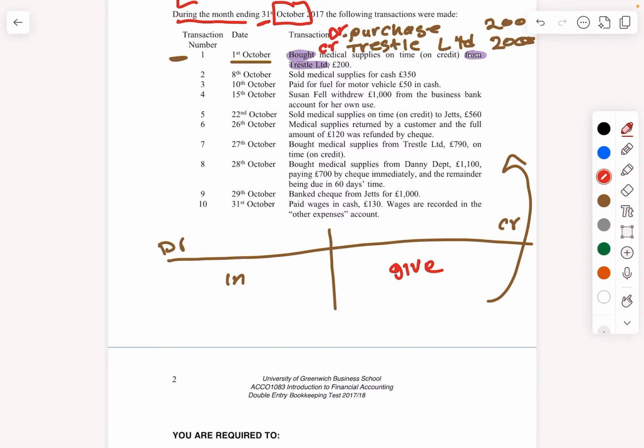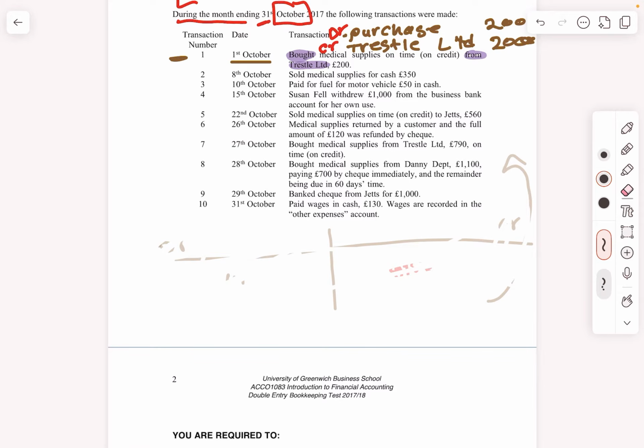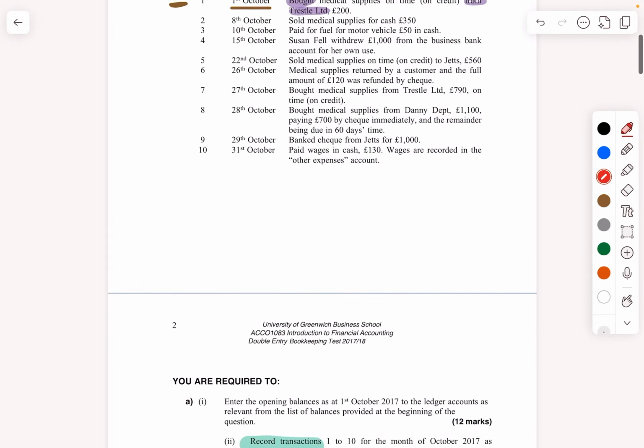Now we're gonna go to the purchase account. There is one trick.